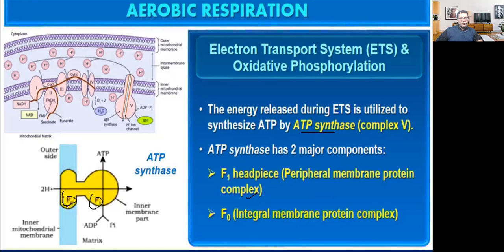So F0 is integrated with the membrane, and F1 is a peripheral membrane protein complex. There will be passage of protons from the outer side to inside, and during that, ADP will be converted into ATP.